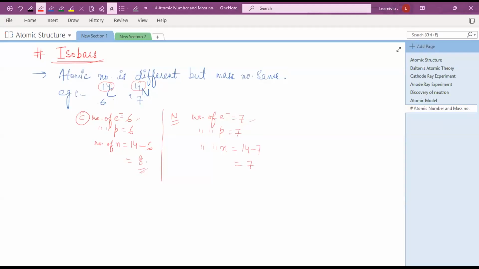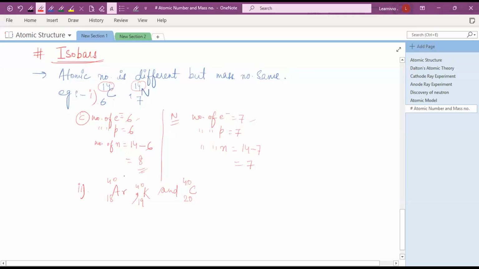Here, another example you can take. Sorry, second example: argon-40, potassium-40, and calcium-40. These three are isobars.